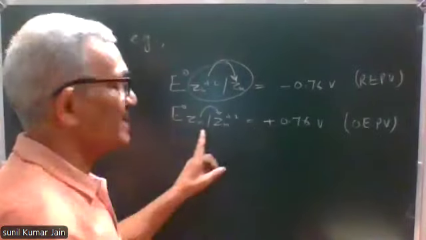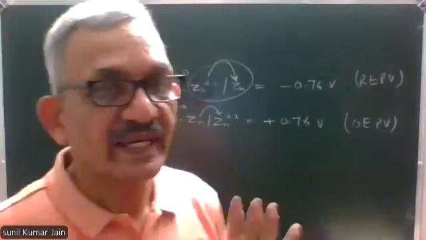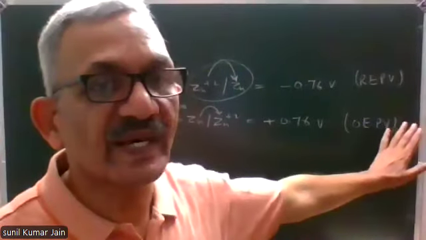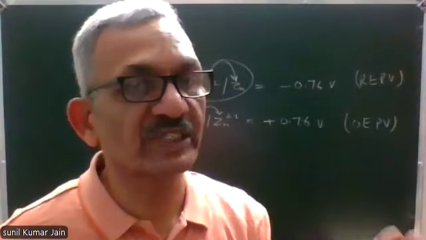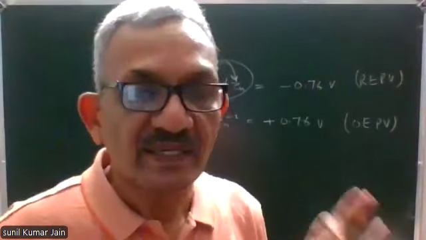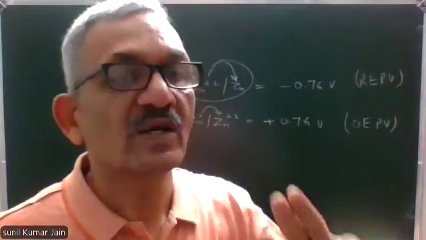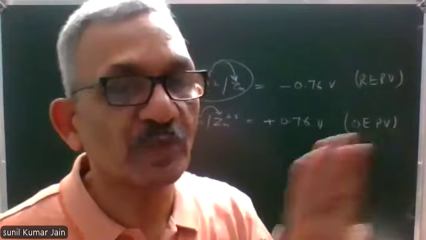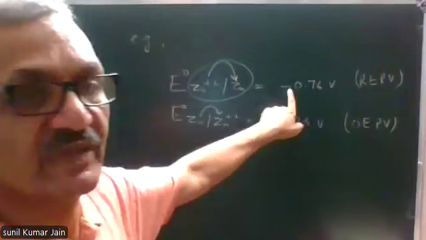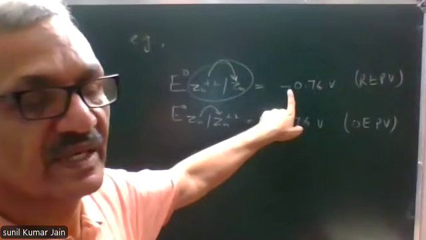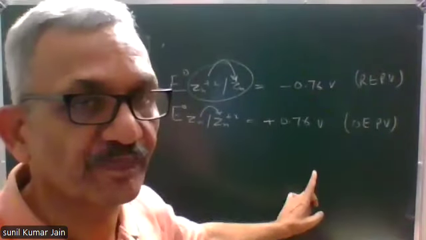This representation is oxidation, zinc atoms changing into zinc ions. In this case, whatever value I write, that value will be oxidation electrode potential value. Relation between reduction and oxidation potential value is only the sign will change. Positive will become negative, negative will become positive. Like REPV of zinc is negative, but its oxidation potential OEPV is positive.